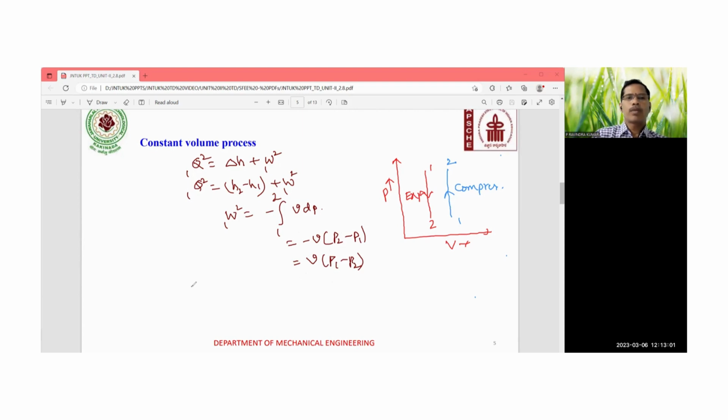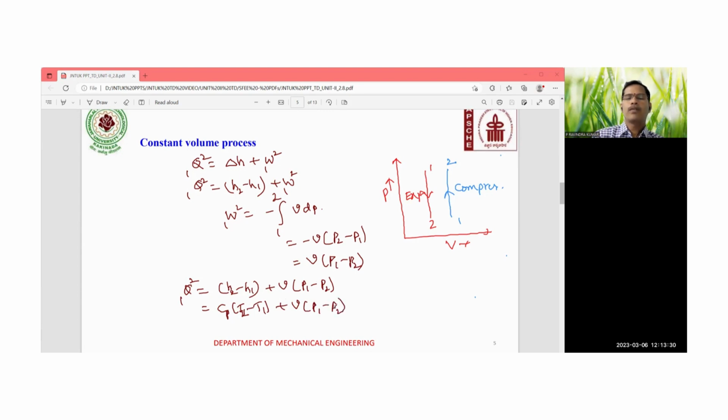So this is how you can represent Q1 to 2, that is H2 minus H1 plus V into P1 minus P2, and this is equal to Cp into T2 minus T1 plus V into P1 minus P2, because enthalpy is a function of temperature.